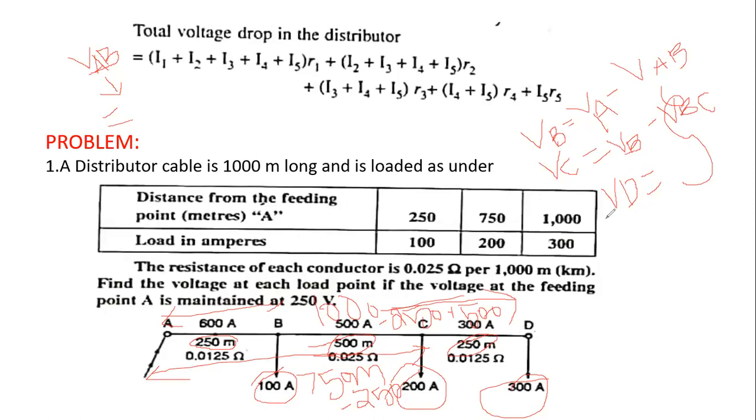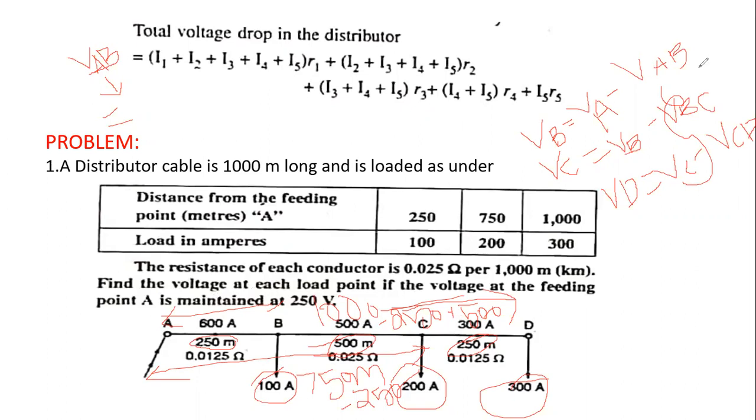VD. What is the feeding point for this point? C. Therefore, VD is equal to VC minus VCD.